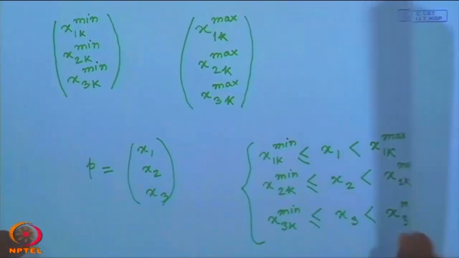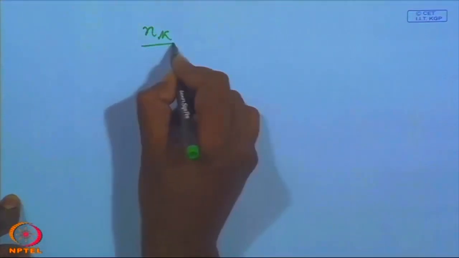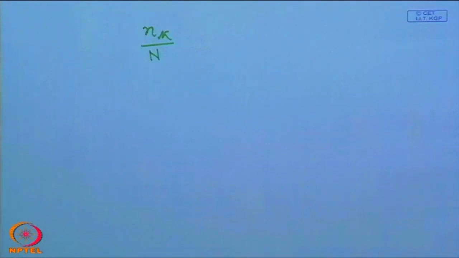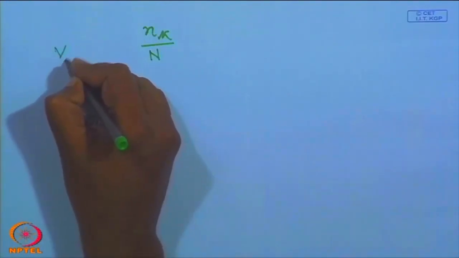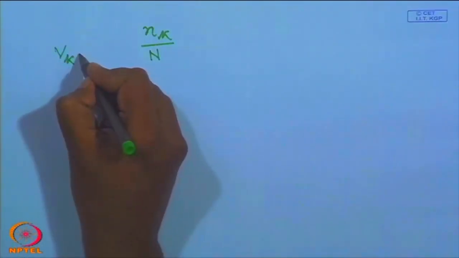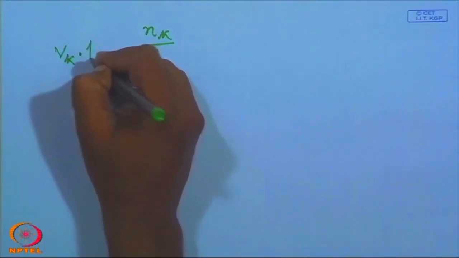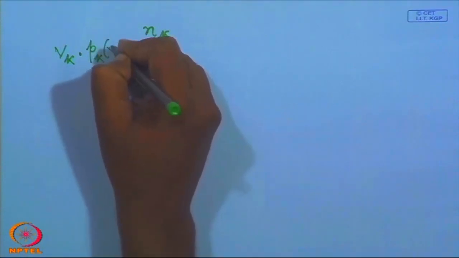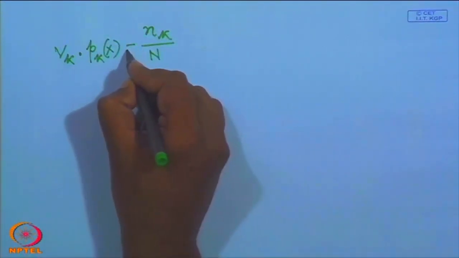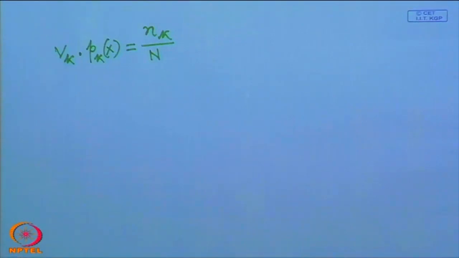So, if I find that nk number of vectors are falling under the kth bin and capital N is the total number of training vectors, then the fraction of vectors falling under this kth bin is given by nk by capital N. And now, if the volume of the kth bin is Vk, and the probability density in the kth bin is say Pk of capital X, I must have Vk times Pk of X equal to nk by N.